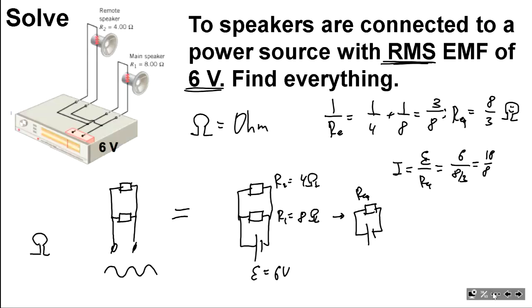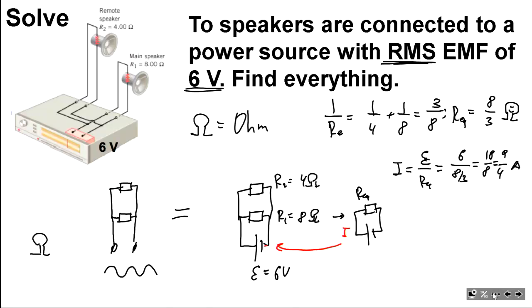Right? And what can we cancel? 2, 9/4 amps. But now we can go back to the original circuit.